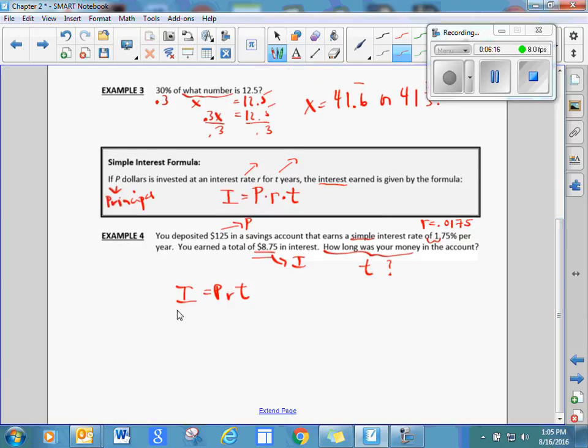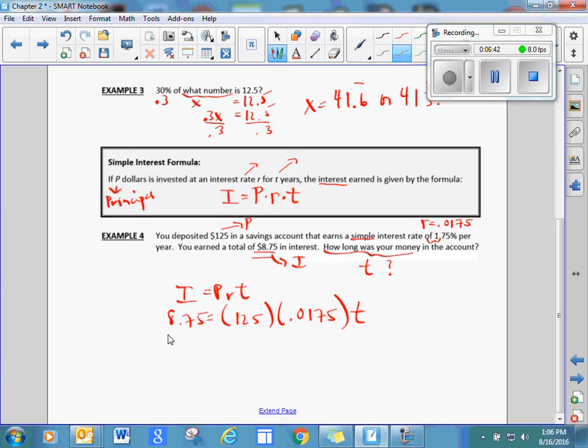So the interest that we earned was $8.75. The principal, we deposited 125 bucks. The rate right here was 0.0175. That's 1.75% interest. And the time, how long we left it in, is actually the variable we're solving for.